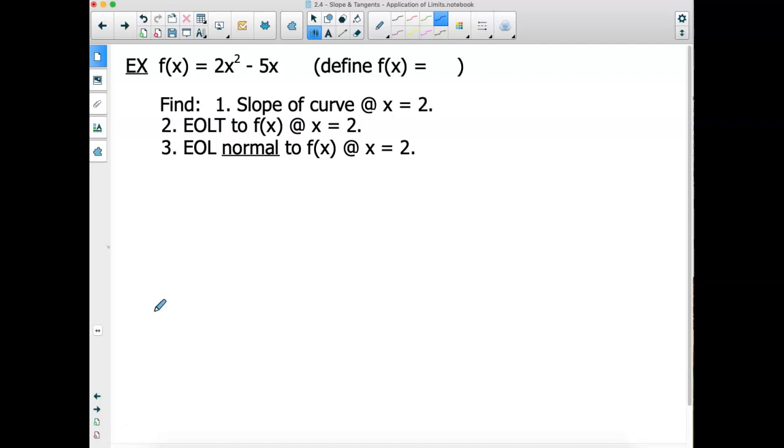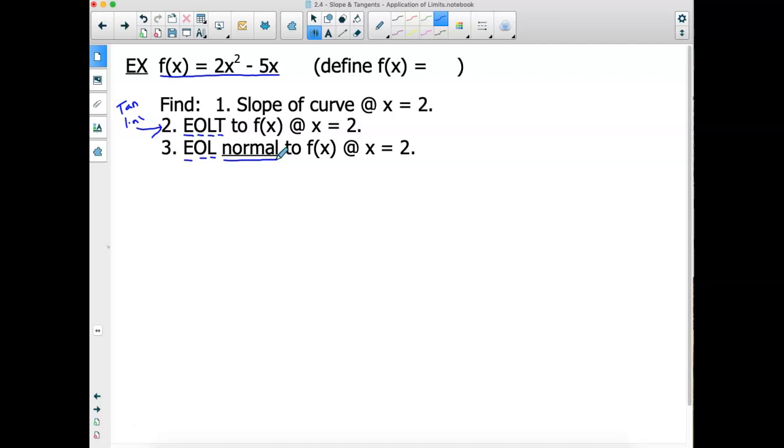So we have three things here. Number one, we're going to find the slope of the curve, and it's going to be this curve right here at x equals 2. Then we're going to find the equation of the line tangent to it, the EOLT, and the EOLN is the equation of the line normal to f of x, and I'll explain that when we get there.